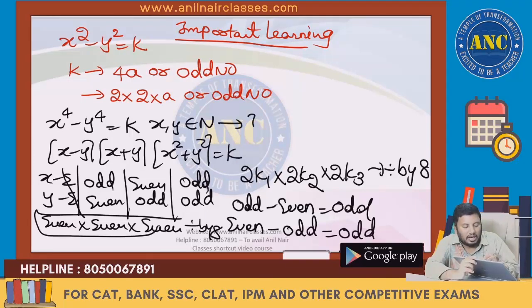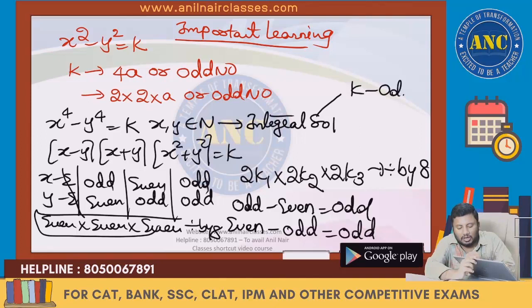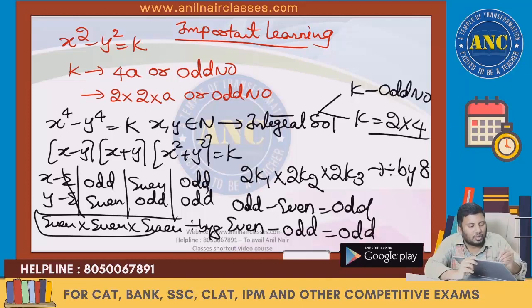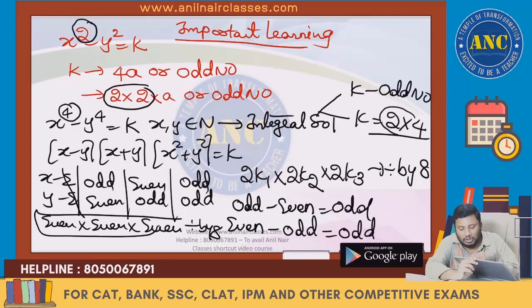That means again this equation has integral solutions only if k is an odd number or k is a multiple of 8. So if 2 is there, I got 2 into 2. Am I right? If 4 is there, I got 2 into 4.